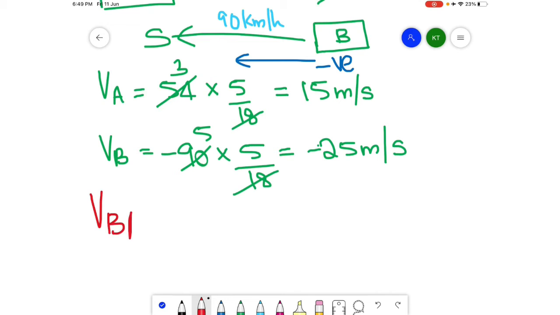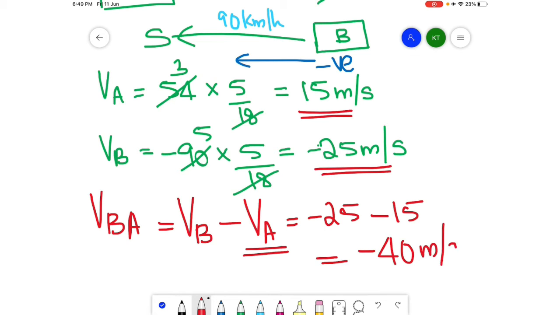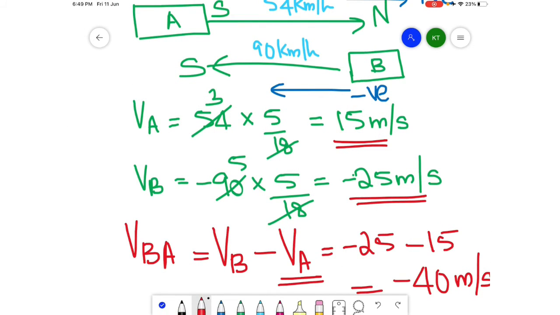It is equal to velocity of B minus velocity of A. Velocity of B is negative 25 and velocity of A is 15. So when we subtract, we get negative 40 meter per second.